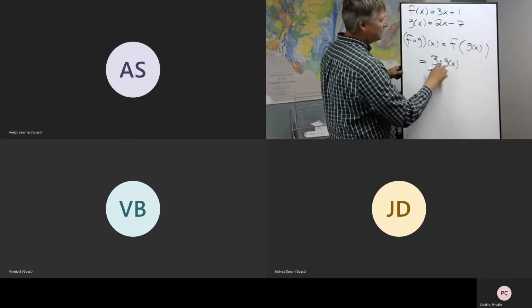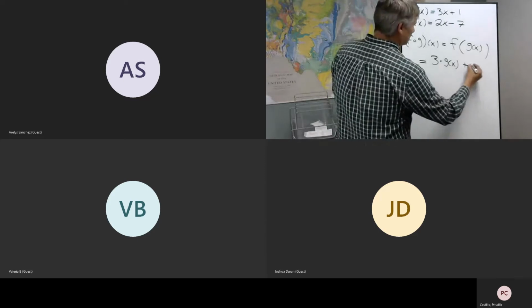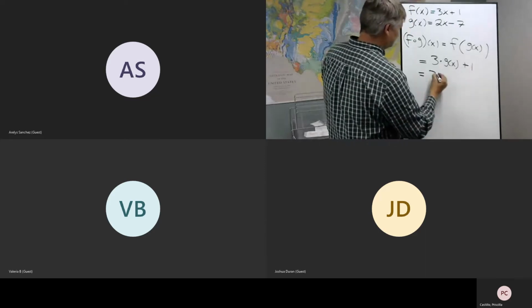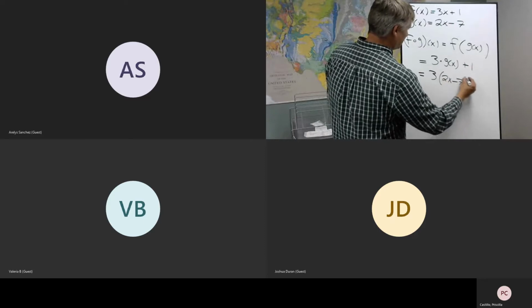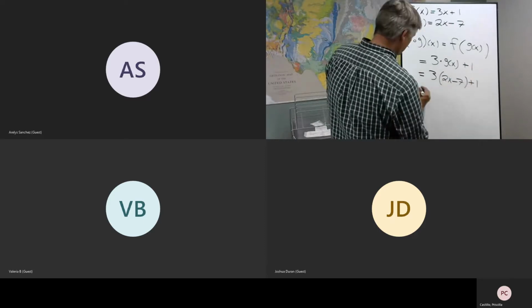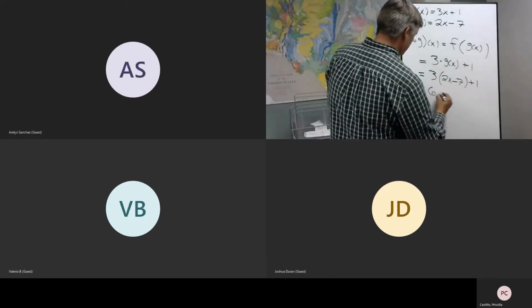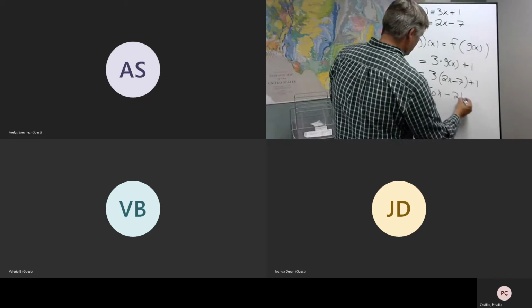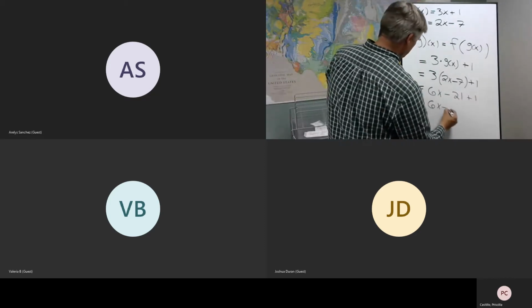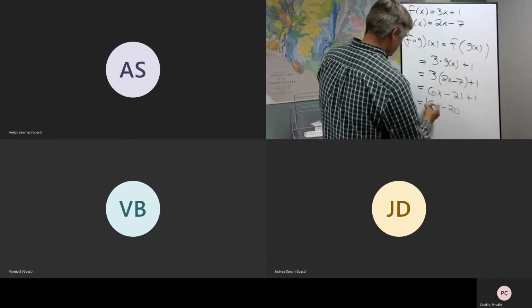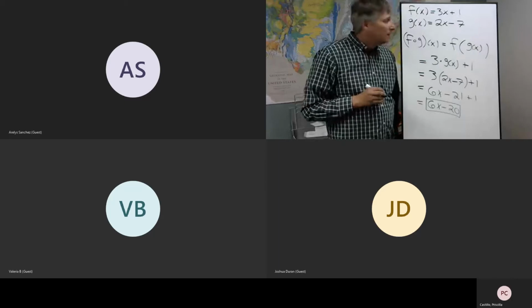So 3 times g of x instead of 3 times x. And we do our substitution. We'll distribute the 3. And that's going to be our result.